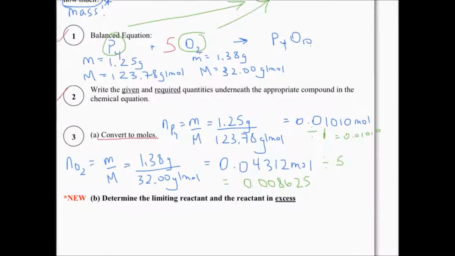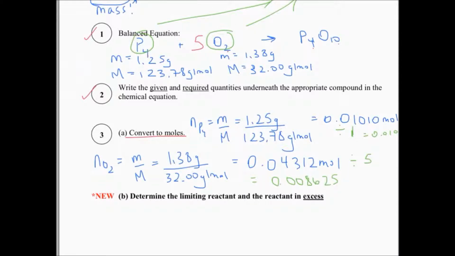Since our value for O2 is smaller, that makes it the limiting reactant, so P4 must be the excess reactant. If O2 is the limiting reactant, it's going to be completely used up, so P4 is going to be the one that's left over. So our limiting reactant was O2, and our reactant in excess is P4.